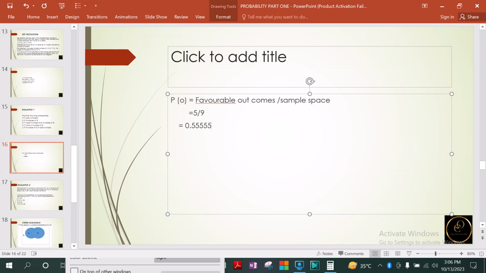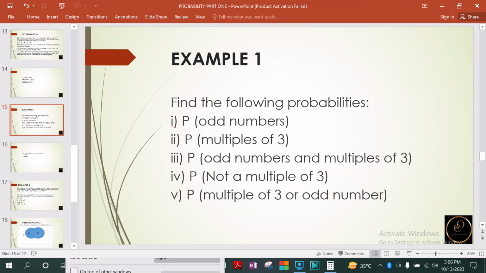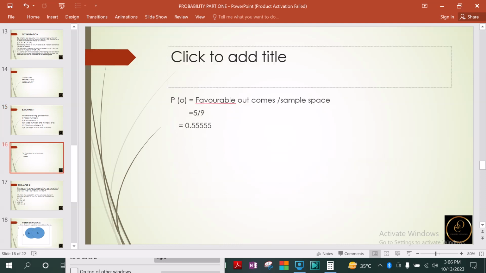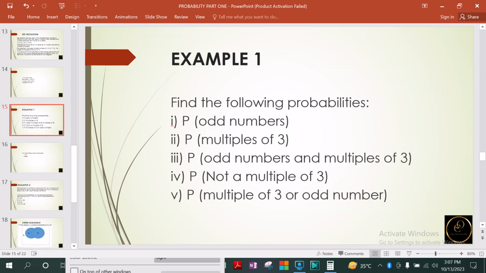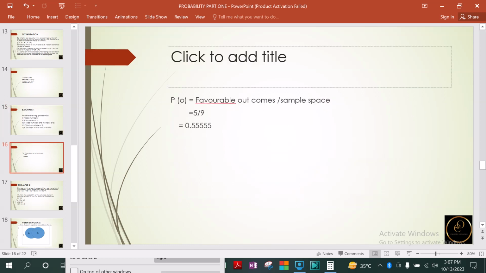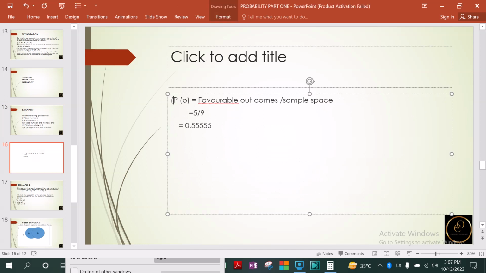Now we look at the other one. We are told to find the probability of multiples of 3. Again, we come here. This was number 1, we may number them. Now we come to number 2.